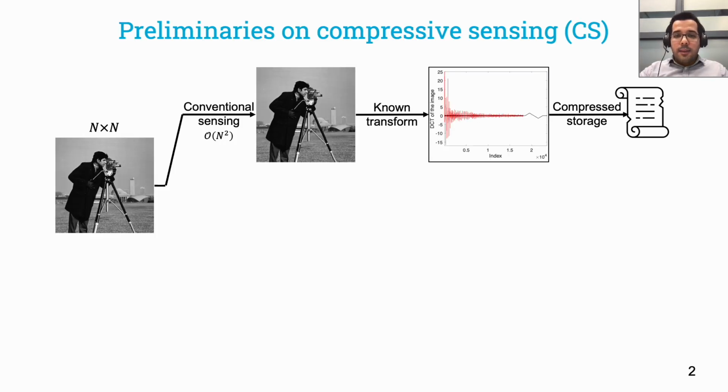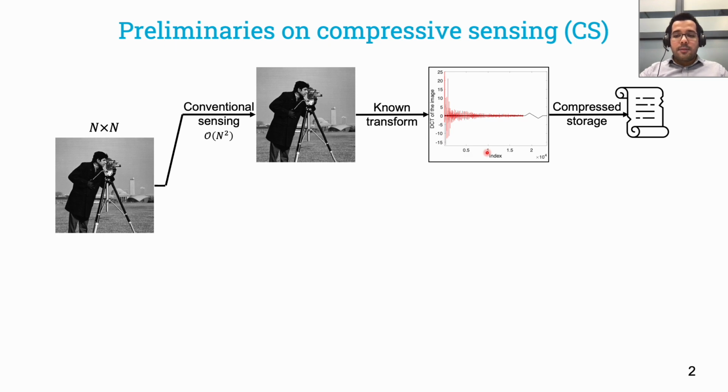Now, let's consider the problem of sensing an N by N image as shown over here. The pipeline that you can see here describes the way that traditional sensing works. In these methods, all the n-squared pixels are measured, but storing all of these samples directly is not efficient. What instead is done is that the image is transformed into a domain where it has a sparse representation, which means that in the transformed domain, only few of the entries of the signal are non-zero and most of them are zero.